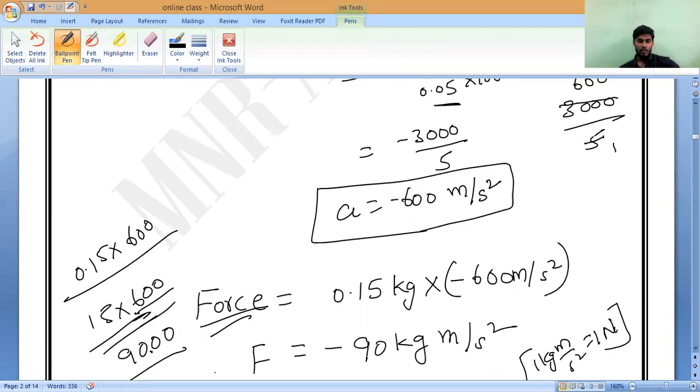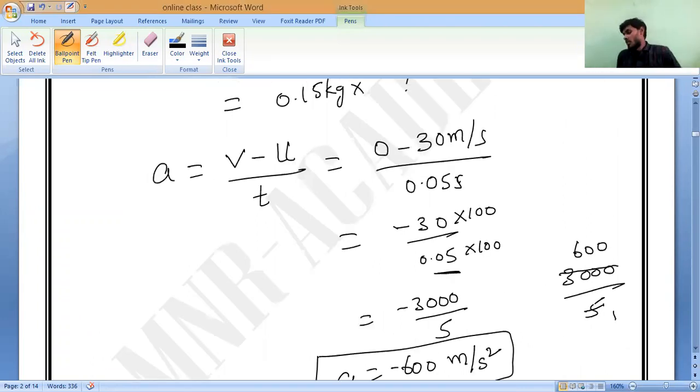Sir, I put the two sums in one step itself, sir. Okay, no issues. Single step also you can give, not a problem. Together is also correct. You can do it, but the calculations are a little difficult and you may get confused. So you can do it like this also.